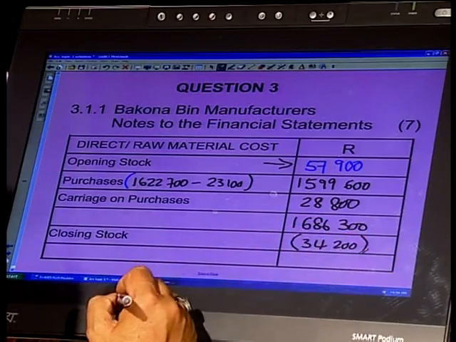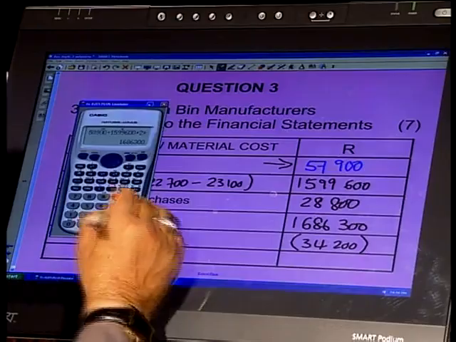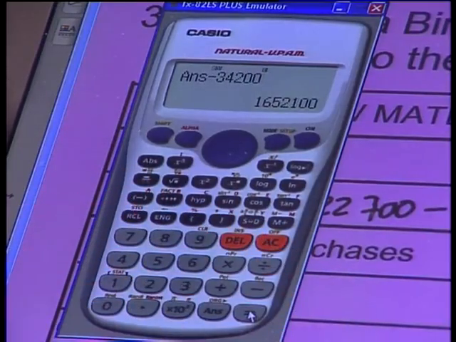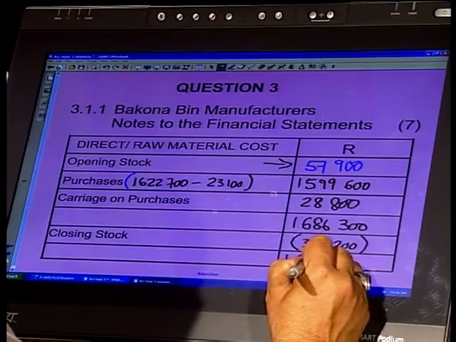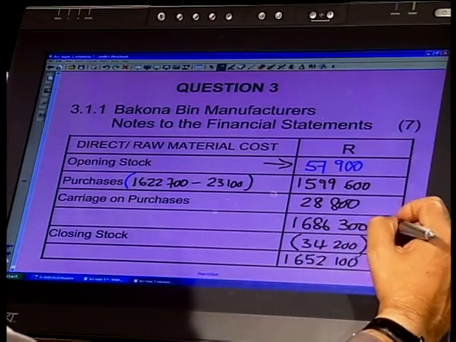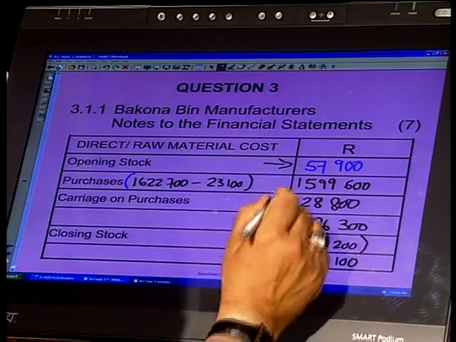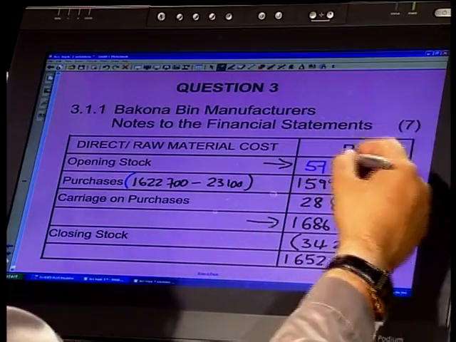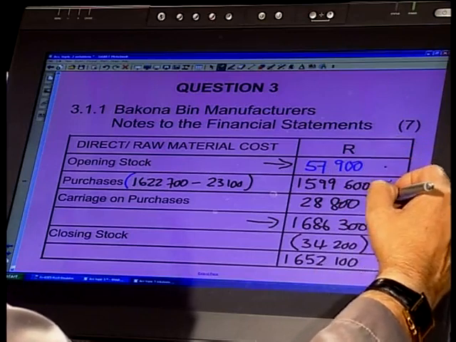Closing stock, 34,200, and because I'm subtracting, I indicate the figure in brackets, and going there, minus 34,200 will give me 1,652,100.